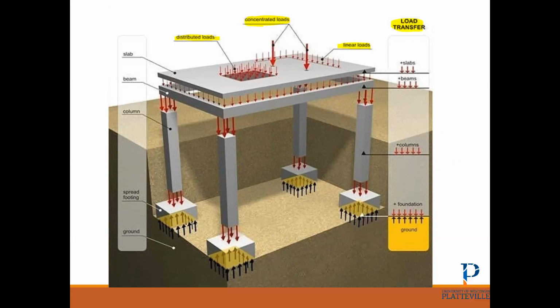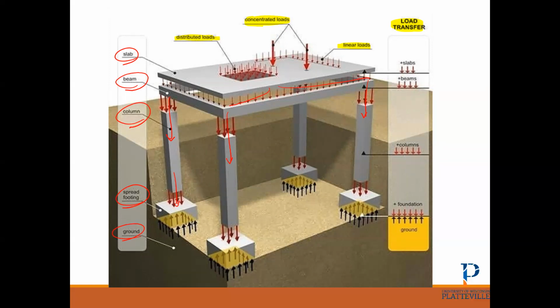After that, all these loads transfer to the slab, and from the slab they transfer to the column, and from the column they transfer to the ground. All right, so as an engineer, we want to design this slab, this beam, this column, and design the foundation or footing, and see what type of soil we need for this structure to carry all these loads.